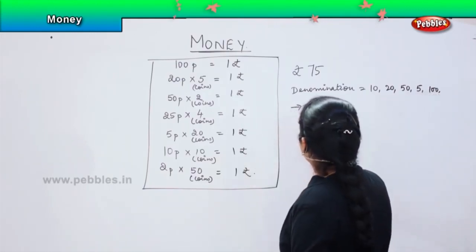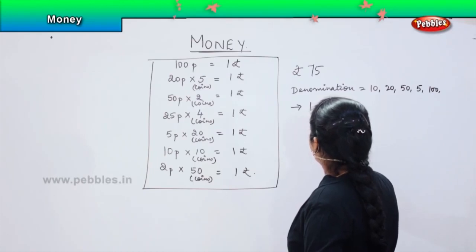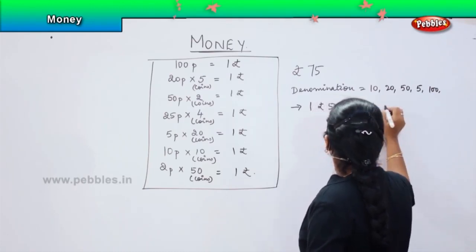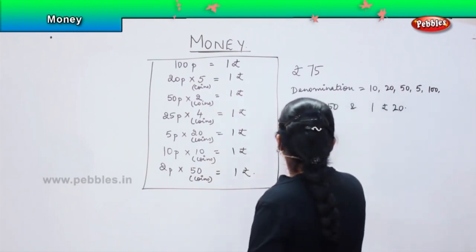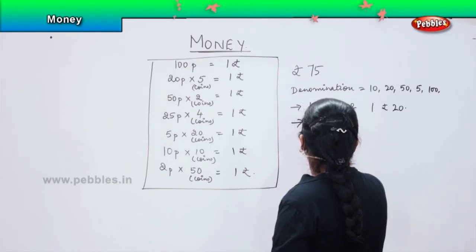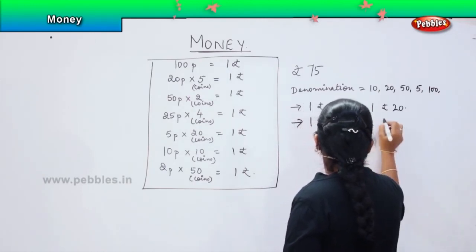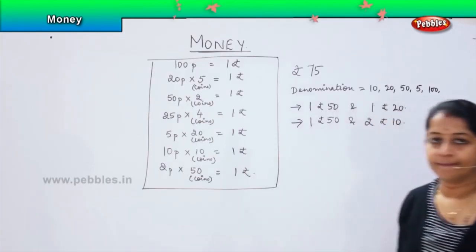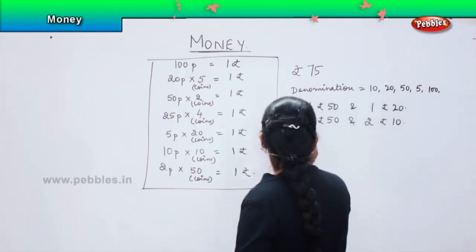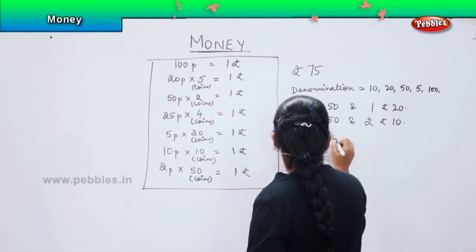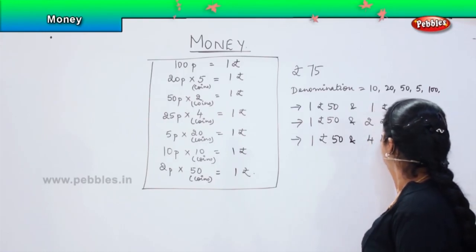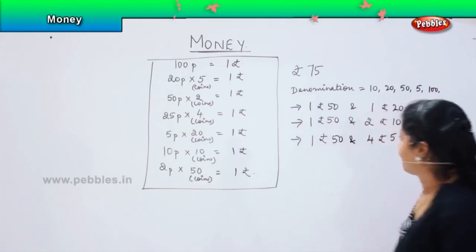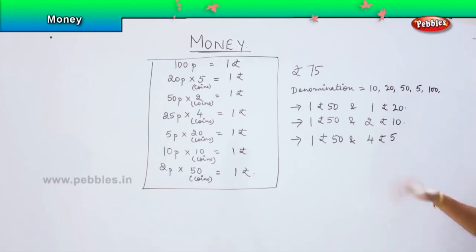I can even give him 1 50 rupee and 1 20 rupee, or I can give him 1 50 rupee and 2 10 rupee, or I can give him 1 50 rupee and 5 rupee. So these are the different ways in which I can give him the amount, right?